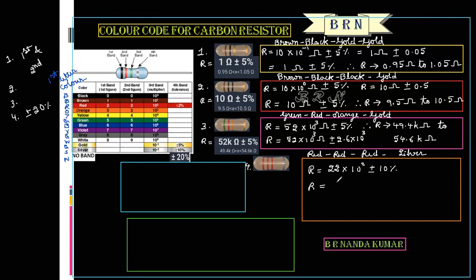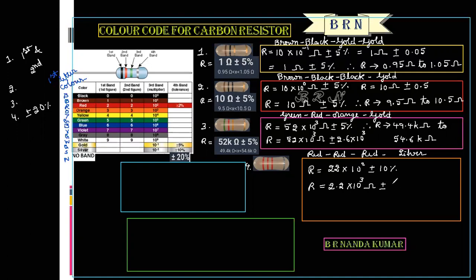So our value is 2.2 into 10 power 3 ohm, that means 2.2 kilo ohm, plus or minus 10% of 22 into 10 power 2. 1% is 22 into 10, that is 220.